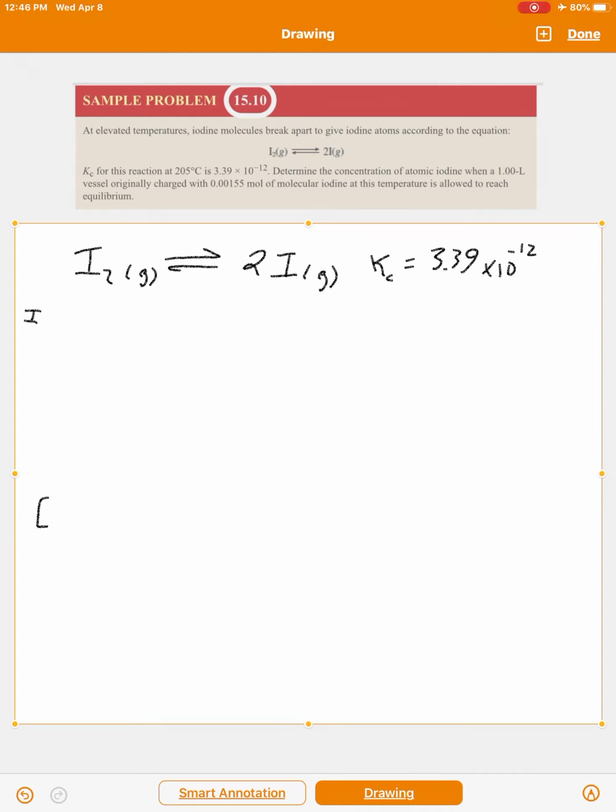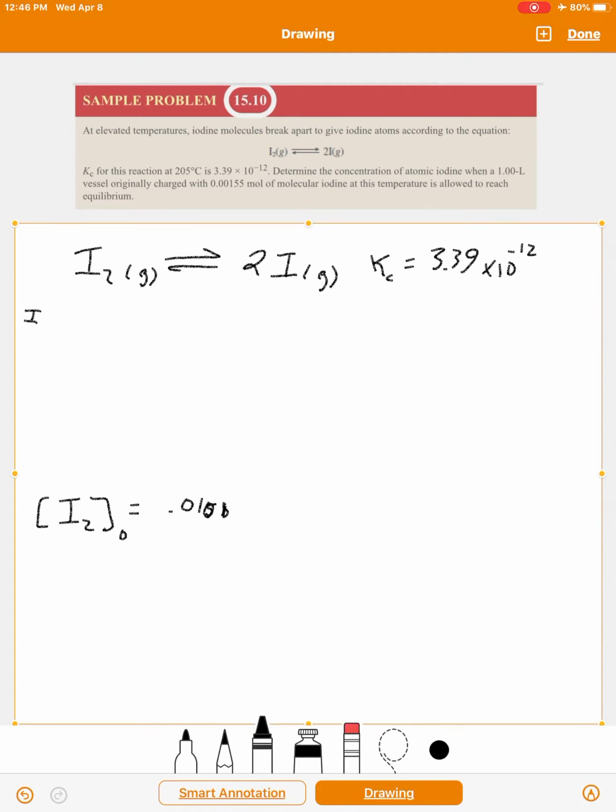So the initial concentration of molecular iodine, I2, would be 0.00155 moles divided by 1 liter.